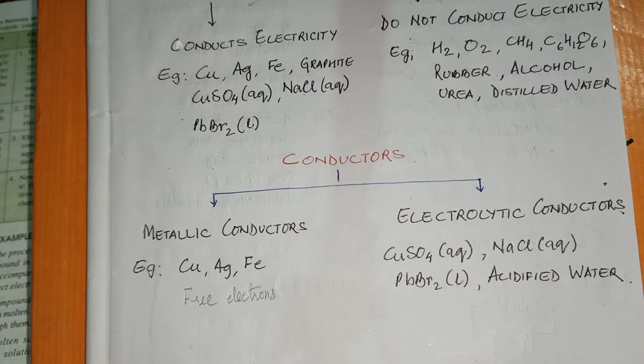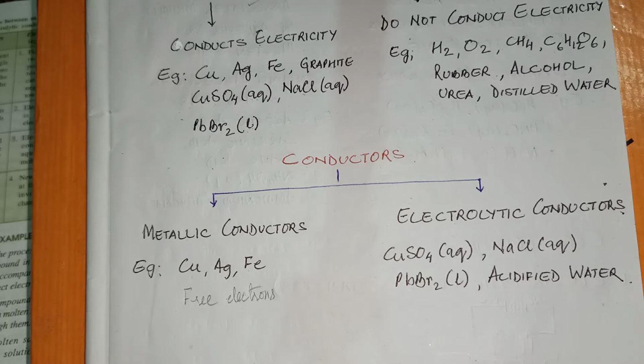And after the passage of electricity, after they conduct electric current, they do not undergo any change. For example, the electrical wires in our circuit, most of us use copper wire made up of copper. Once we turn on the switch of our electrical circuit, electric current gets carried from one place to another till the bulb glows.